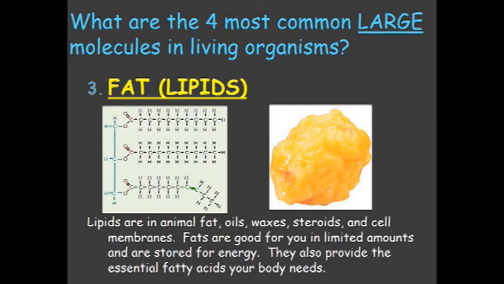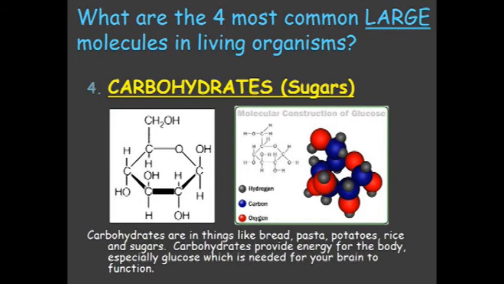So gram for gram, the lipids store more energy than carbohydrates, which are your more common way of getting energy into your body. Those are like glucose and fructose, stuff like that. We'll talk about those next. But lipids, they're found in animal fat, oils, waxes, cell membranes, lots and lots of places that they are found, and they're essentially a way to store energy for later use.